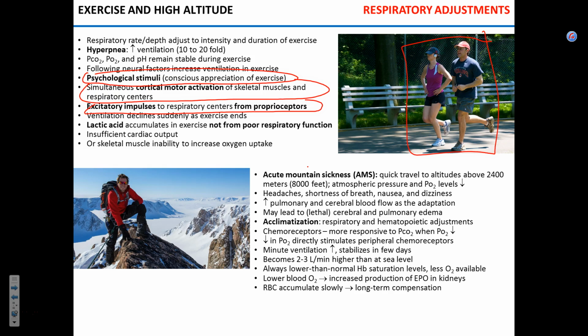This is why when you stop, your respiratory rate goes down pretty quickly. It doesn't go down completely to the resting state; that's a different story, with lactate and post-exercise oxygen consumption. But it goes down quite substantially right away, because all those neural stimuli are gone. Does that make sense?